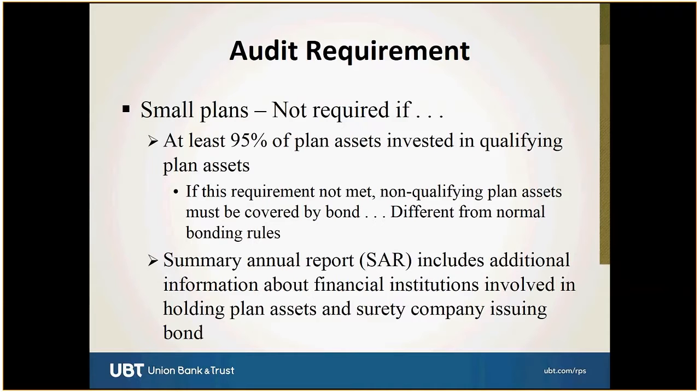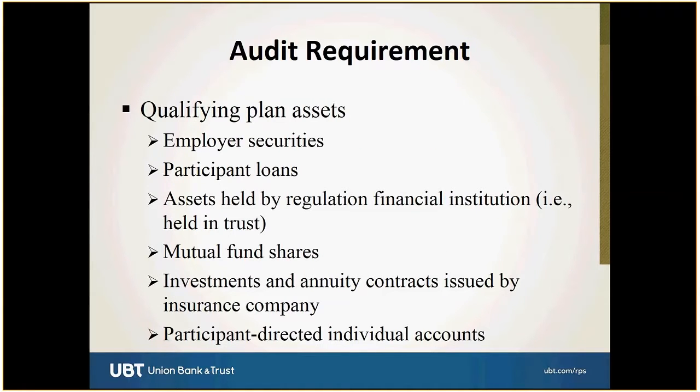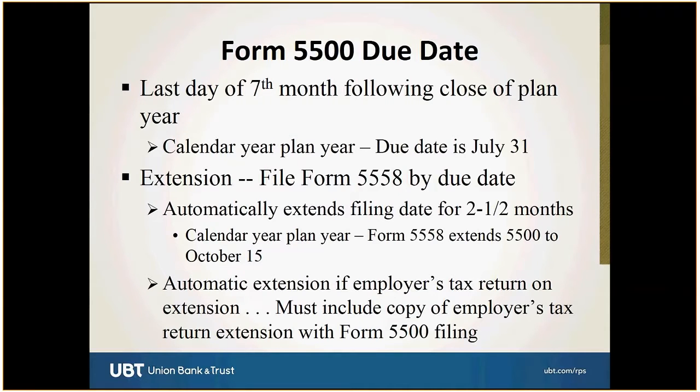That said, a lot of fidelity bonds will actually cover this non-qualifying asset situation. Qualifying plan assets include mutual fund shares, and you can see that about three-quarters of the way down on the screen. So as long as you have mutual fund shares in the plan, you're not going to have anything that's not a qualifying plan asset, and that allows you to get out of the audit requirement.